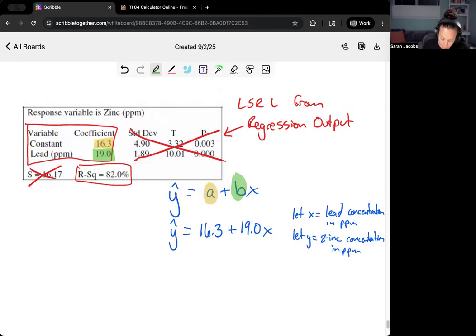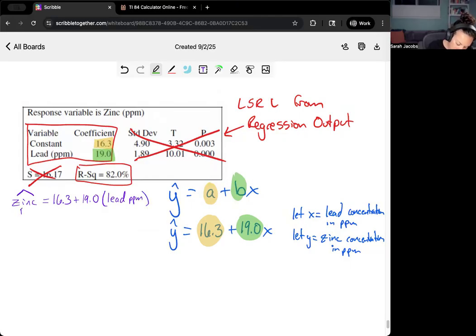If we wanted to write this without defining variables, what we could do instead is say the zinc predicted value is equal to 16.3 plus 19.0 times the lead ppm.